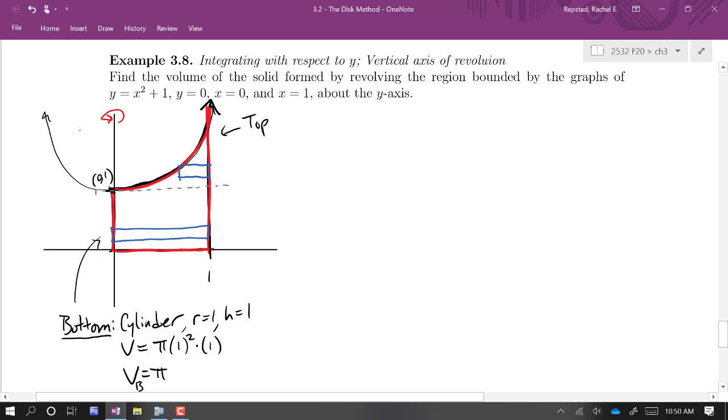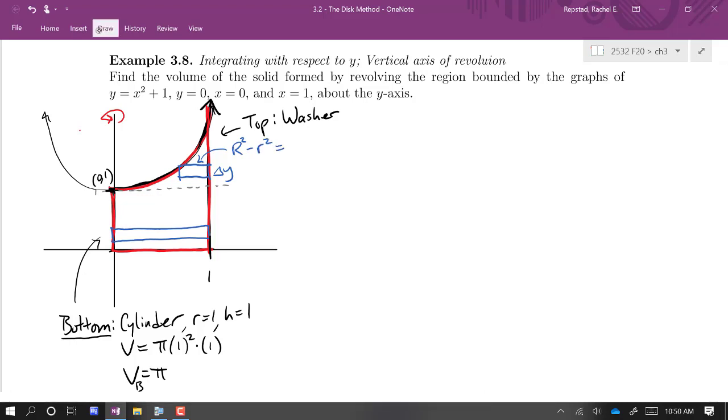Now for the top, when we revolve this rectangle about the y-axis, we're going to get a washer, because there's a hole. It's not a solid disk. So the width is a delta y width. The length here is big R squared minus little r squared.